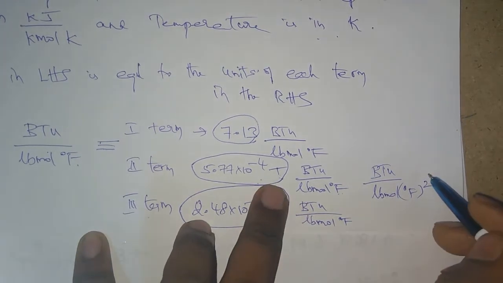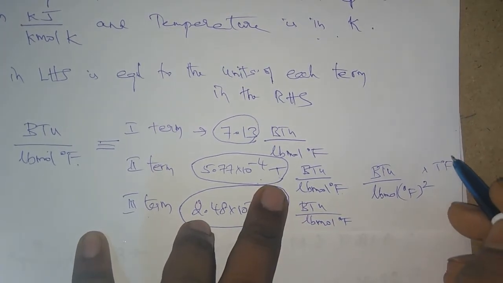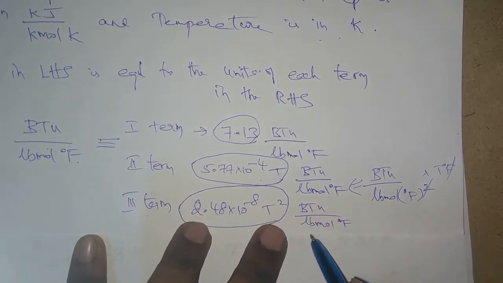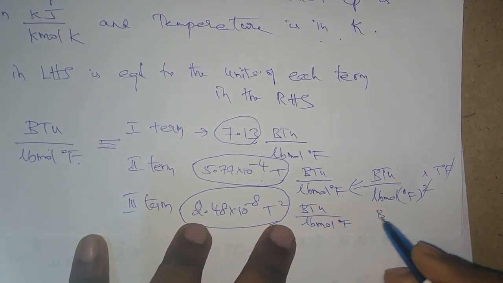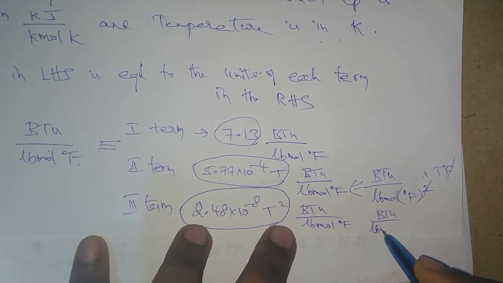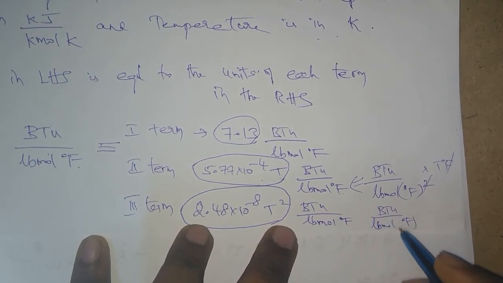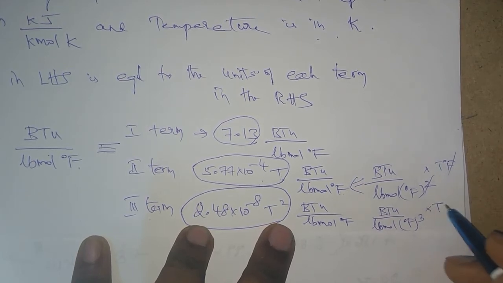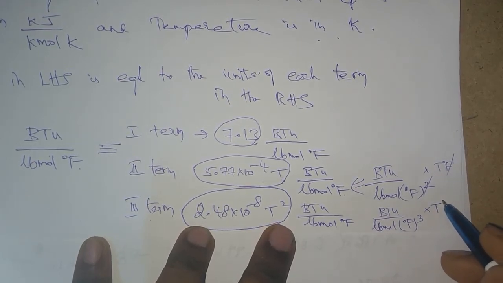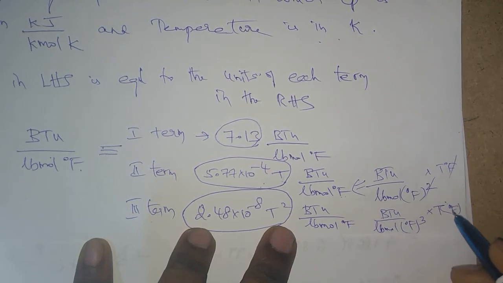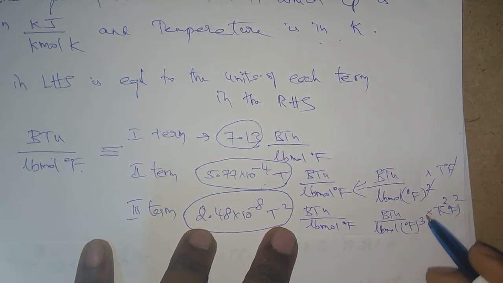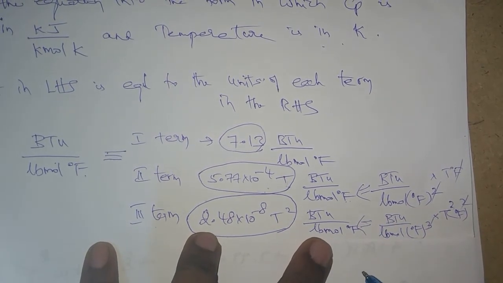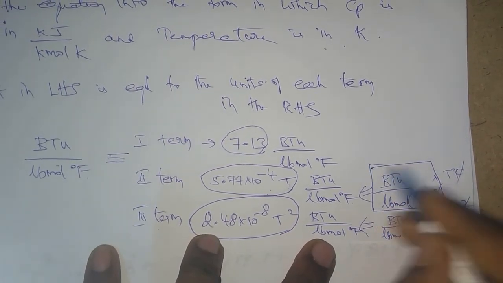When I multiply by T, degree Fahrenheit gets cancelled and we end up with this unit. Similarly, in this term it is BTU per pound mole degree Fahrenheit cube, so only when we multiply by T square, that is degree Fahrenheit square, this gets cancelled and we wind up with this unit.